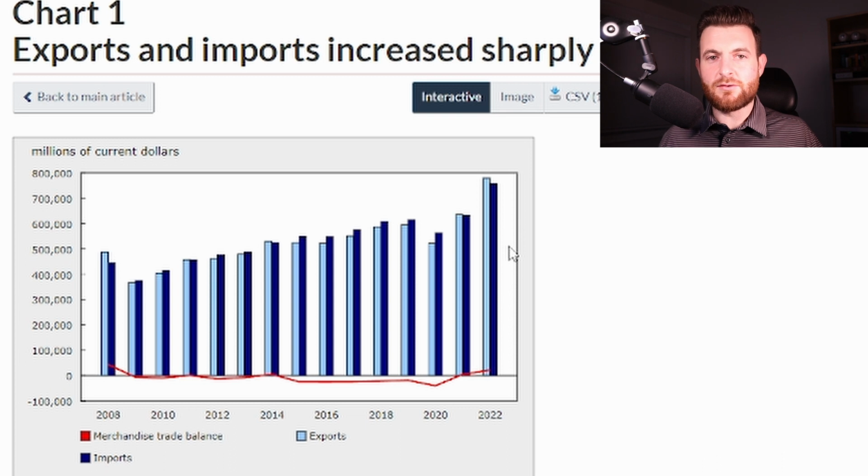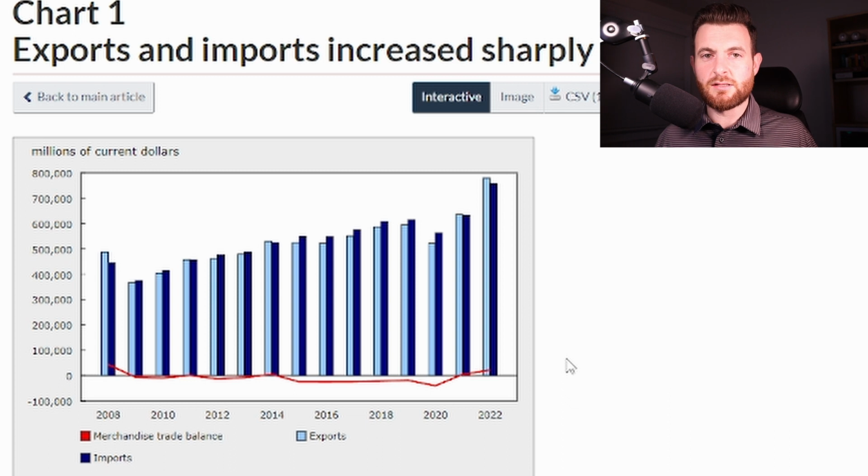And the fact of the matter is that we have definitely increased the amount of goods we have been buying from the US. Call it the supply chain shock when you couldn't buy things from overseas. They were all ruined. A lot of suppliers, a lot of companies here probably looked to the US because it was easier to get those goods. Now, there has been a significant increase from 2021 to 2022 from $630 million to all the way to $757 million.